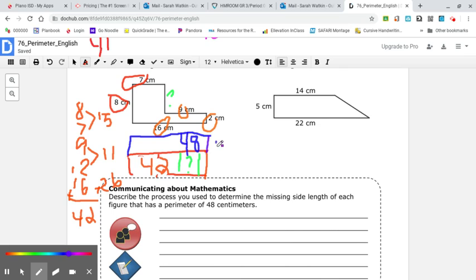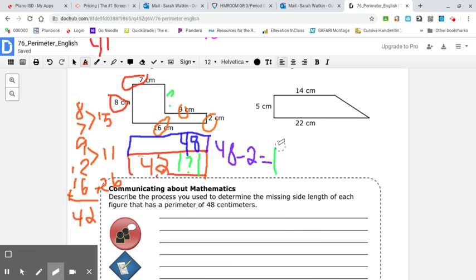We're going to subtract 48 minus 42. I'm sorry. Oops.